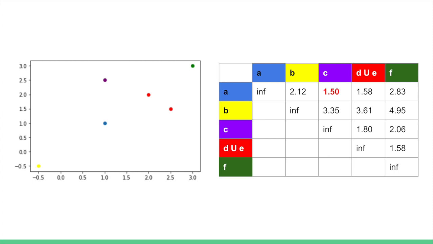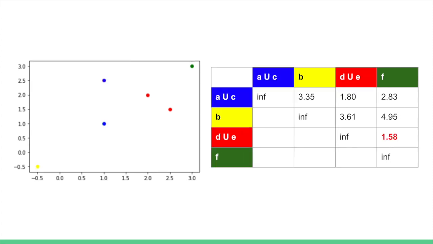The way we calculate this is, between the merged set, we calculate the maximum distance. So we take the distance from C to the red point on the right side as opposed to the middle red point, because that is the furthest one. As we go down, we see that C and A are the closest together in Euclidean distance, so we merge those two together into our next cluster.